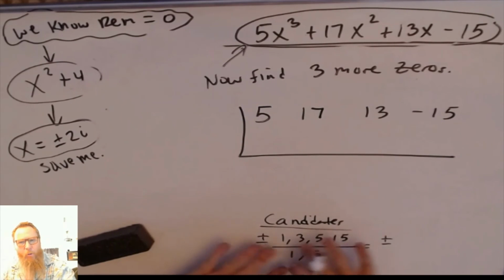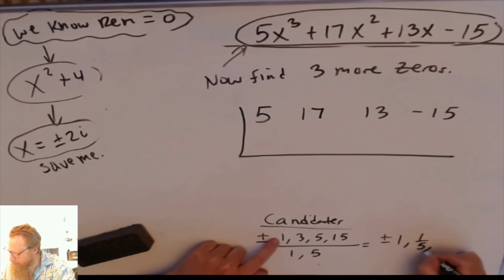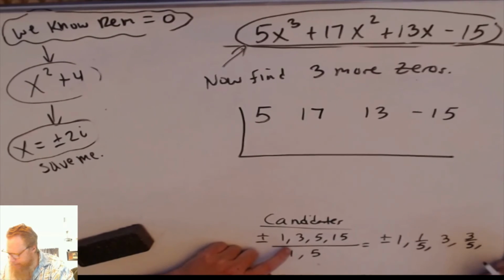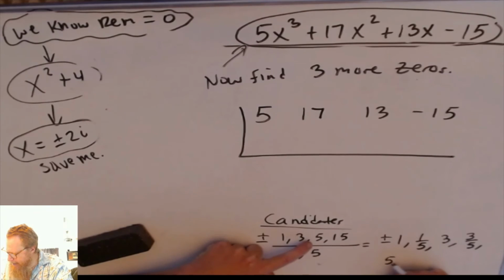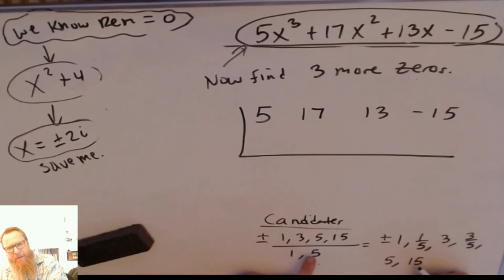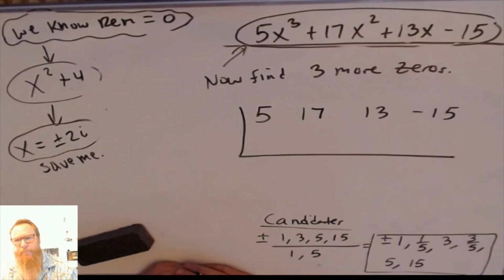In other words, I'm only going to try numbers that appear in this list. 1, 1/5, 3, 3/5, 5, 5/5, but 5/5 is just 1, and 15, 15 over 1, and then 15/5, but that's just 3. So here are my candidates. Okay.